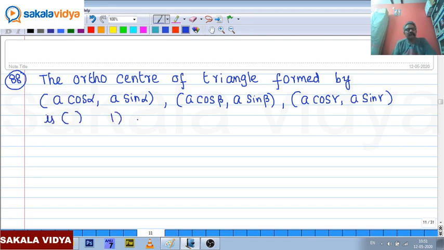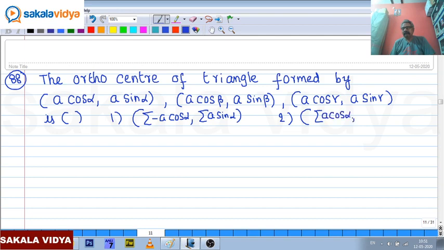First option: sigma minus a cos alpha, comma, sigma a sin alpha. Second option: sigma a cos alpha, comma sigma a sin alpha.